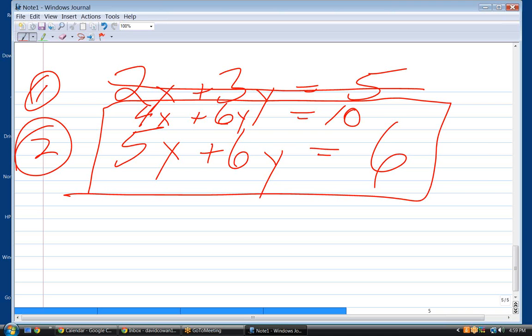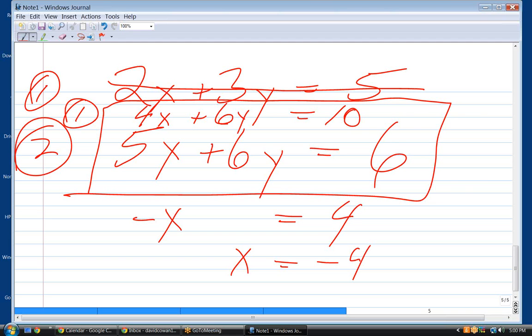Make sure which one are you subtracting? Are you subtracting 1 from 2 or are you subtracting 2 from 1? I'm subtracting 2 from 1. Okay, if you're subtracting 2 from 1, then you get minus x. Right? Minus x equals 4, which means x equals minus 4.